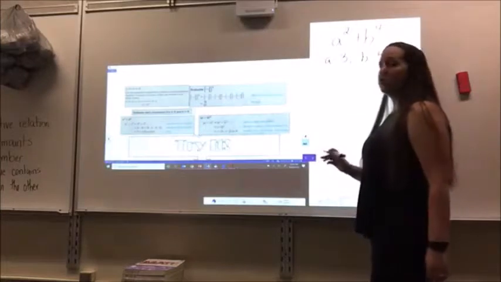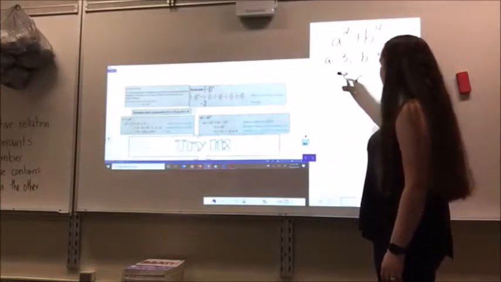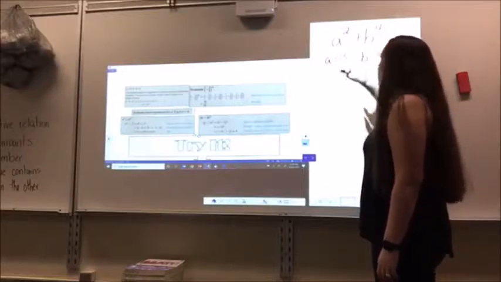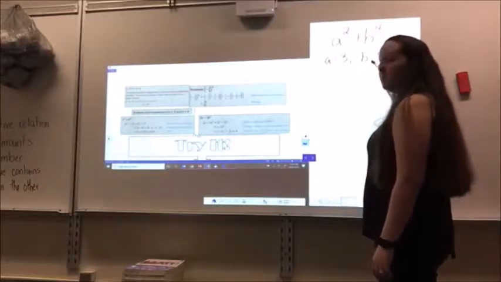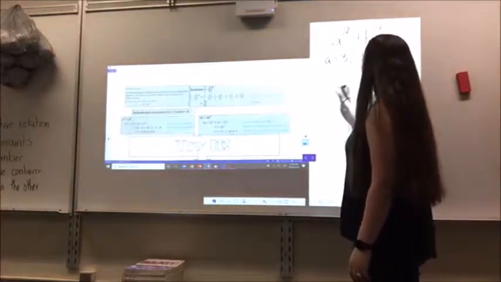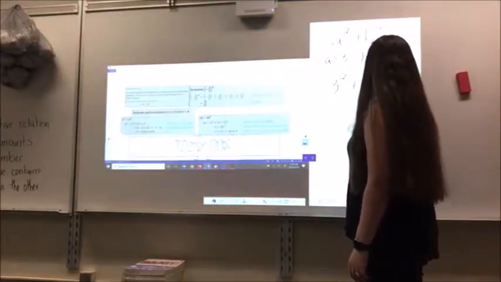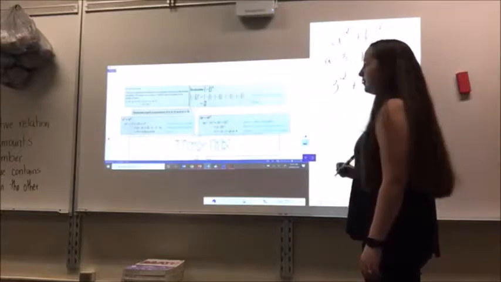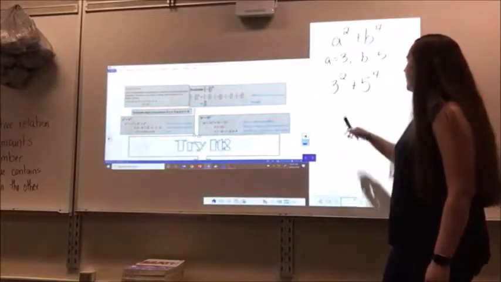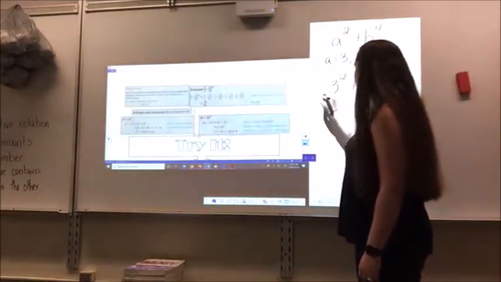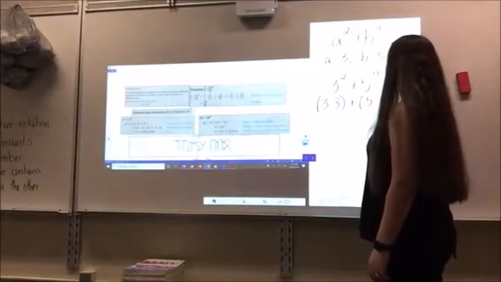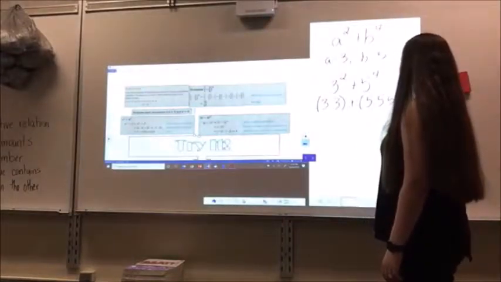So what I'm going to do is substitute my value for A into my expression, and my value for B into my expression. So now I have 3 squared plus 5 to the 4th. 3 squared is really like saying 3 times 3, and 5 to the 4th is really saying 5 times 5 times 5 times 5.